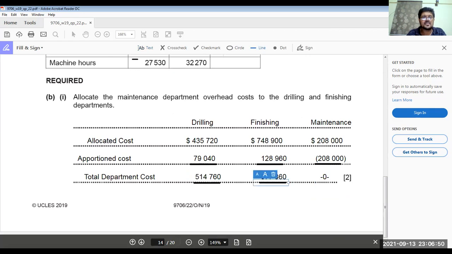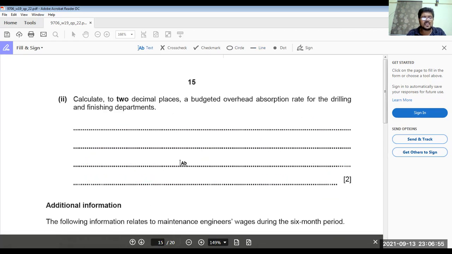Okay. Now calculate, to 2 decimal places, the budgeted overhead absorption rate for the drilling and finishing departments. So drilling and finishing. That's the total department cost.